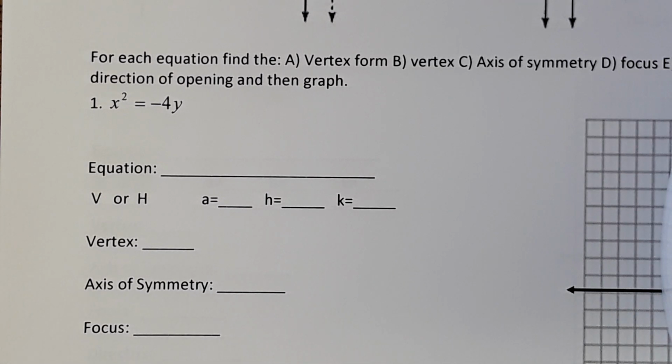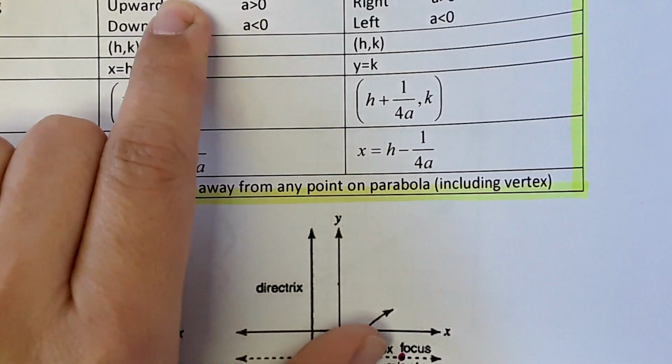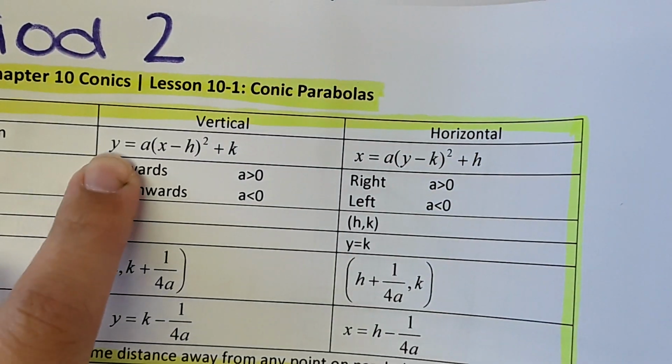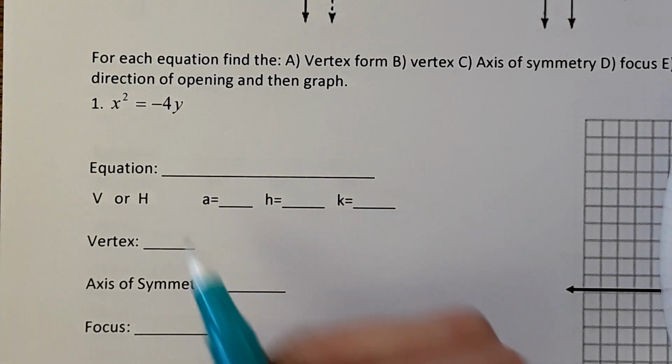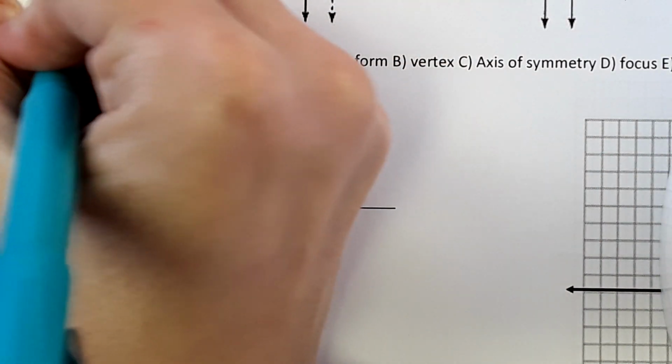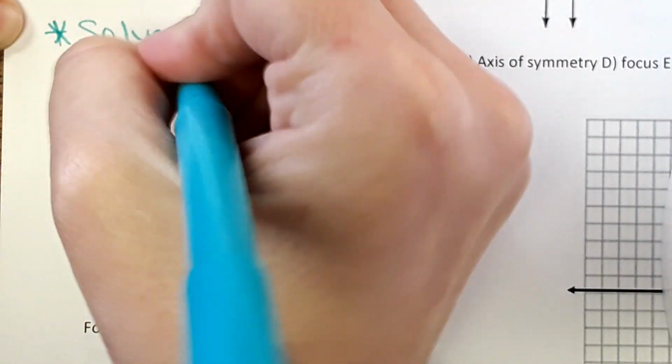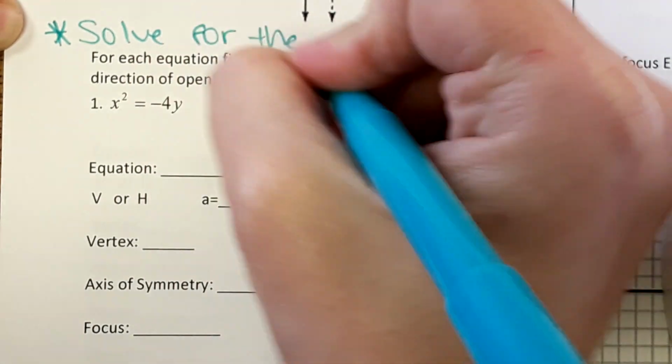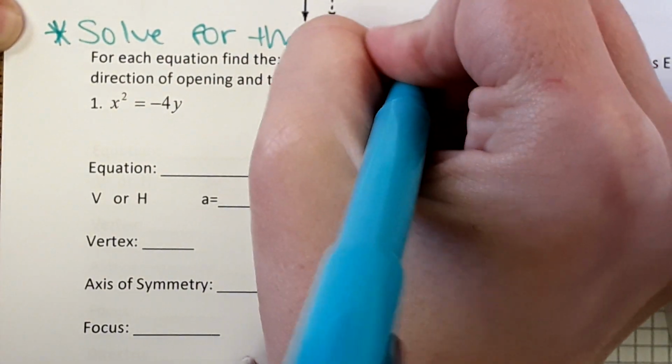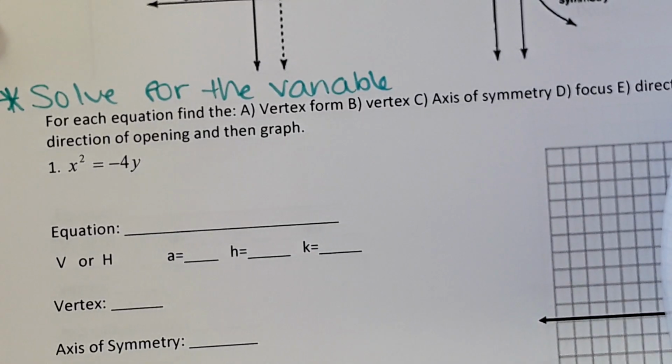Okay, so first step is we're going to solve for the variable that is not squared to try to get it into this format here. So we're going to have like y equals and then other stuff on the other side. So just make a note: solve for the variable that's not squared.